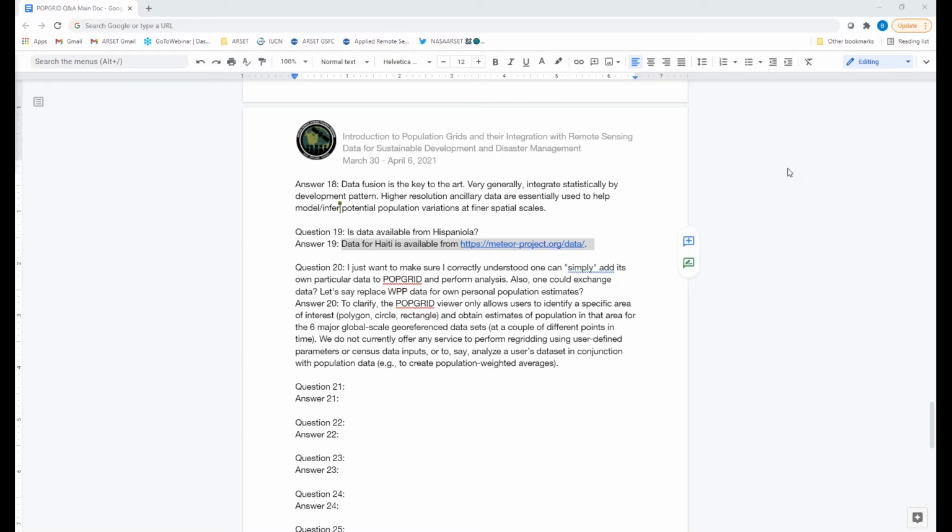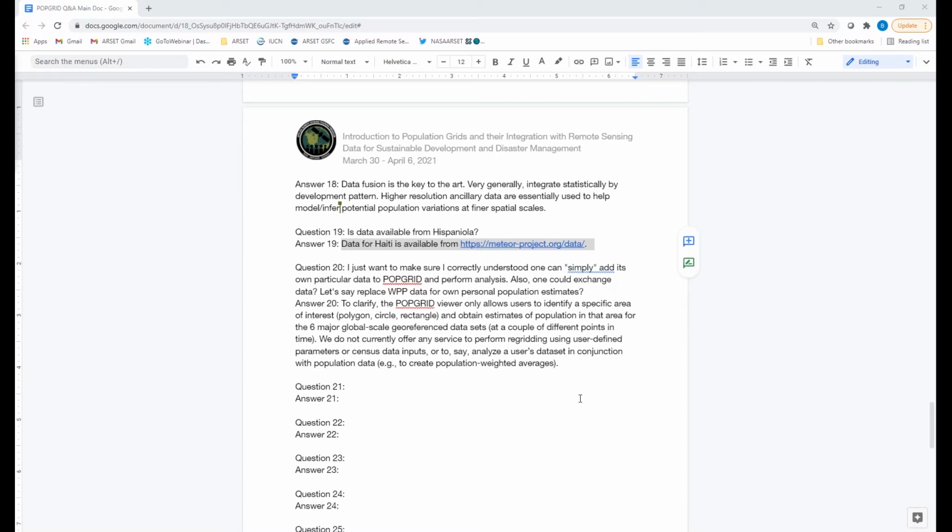So the ancillary data that's available at finer scales is really the tool by which you try to infer or model those variations. Hopefully they add useful high resolution information that improves your estimates. There's no guarantee of that.